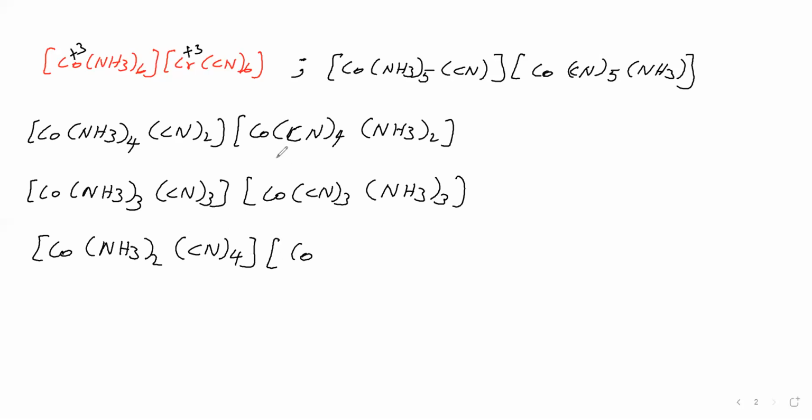See here Cr will be there, isn't it? This is Cr metal, chromium here. So we are interchanging one more ligand. Here CN is twice, NH3 is 4 times.